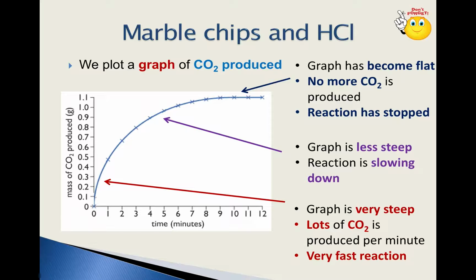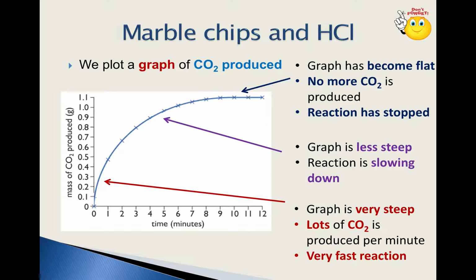What we will say at the start is that there are lots of acid particles, and there are lots of successful collisions occurring between the acid particles and the marble chip particles, and therefore lots of product is produced per unit time, and the reaction is very, very fast. What we then say is that as the acid particles get used up, the reaction slows down.